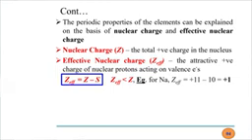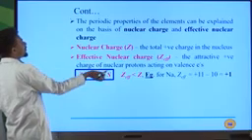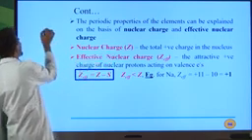For example, let us calculate the effective nuclear charge for the sodium atom. The nuclear charge for sodium is plus 11. This is the number of protons in the nucleus of the atom. Minus 10. What is 10? The inner electrons. For example, we can easily draw the diagrammatic representation for the sodium atom. The total number of electrons for this neutral atom is 11.